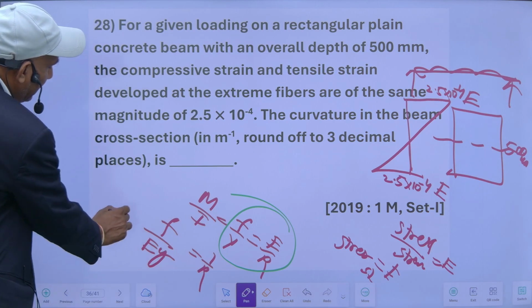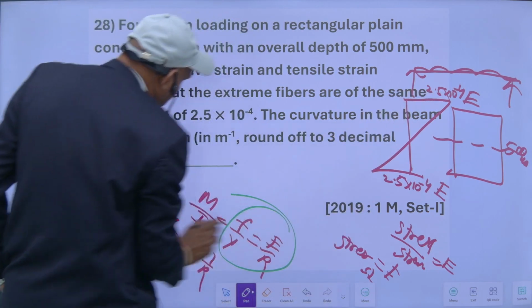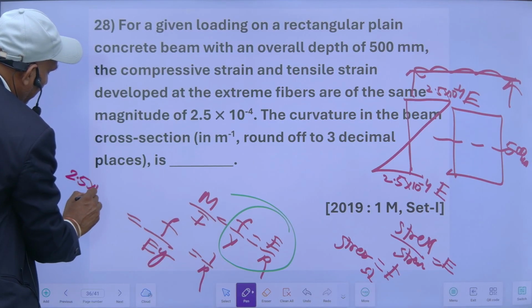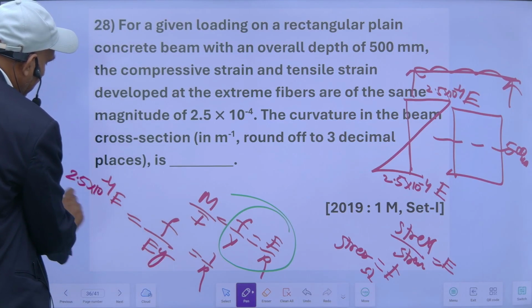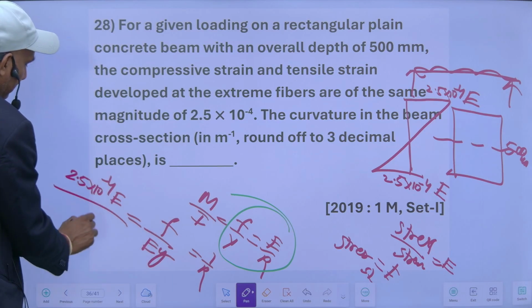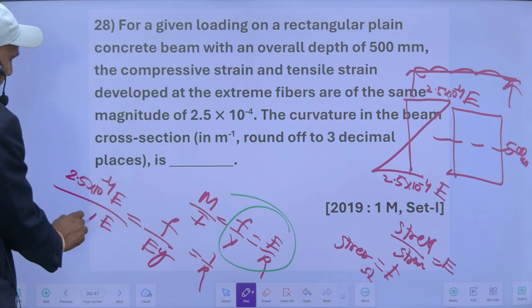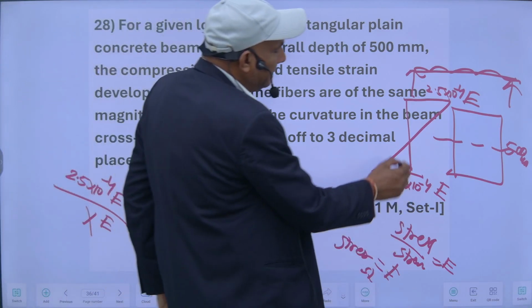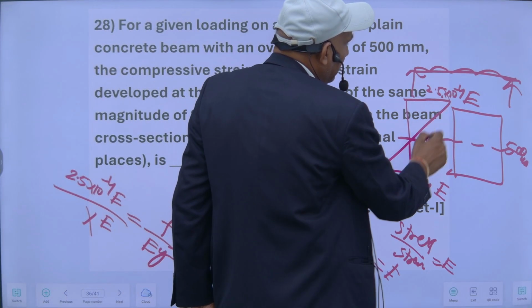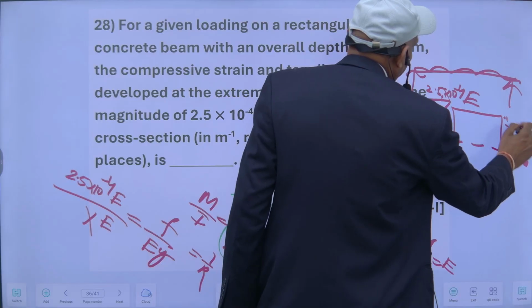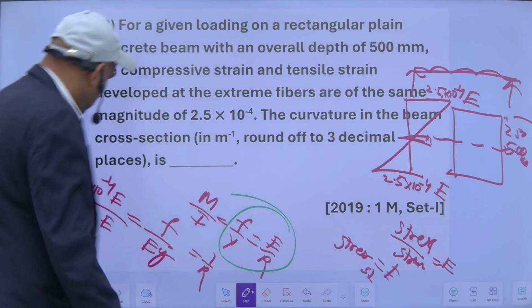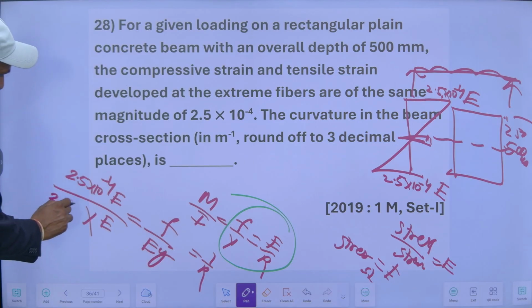And this F is equal to how much? This is 2.5 into 10 raised to the power minus 4 into Young's modulus of elasticity, divided by E into Y. Y is how much? Y is the distance from the neutral axis to the extreme fiber, so this Y is 250 mm. This E and E will cancel each other.